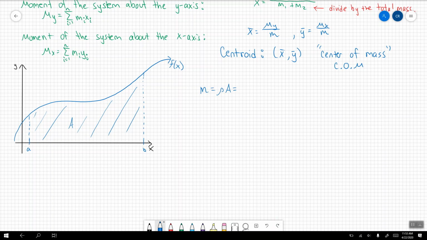We find the area by using calculus. It's just the integral from A to B of f of x dx. So there's the mass of that piece of lamina. All right, that's awesome. Now we have to focus on what this x bar and this y bar are, and how we go about finding them.